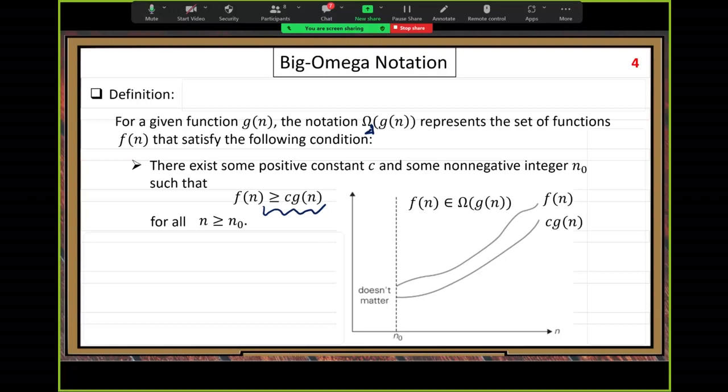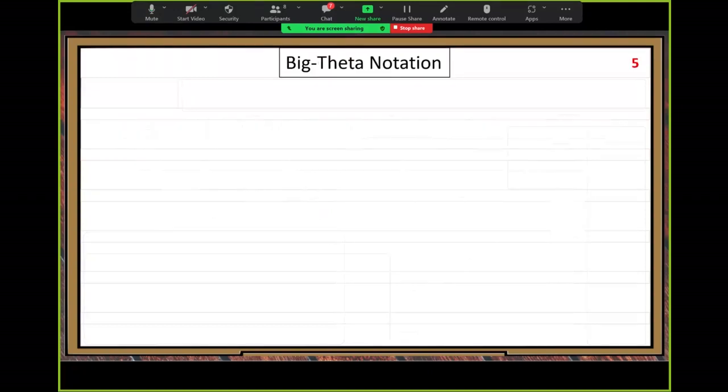Although here we have this asymptotic notation, for the remainder of the class we rarely use this lower bound version. But we use the big theta notation, both lower bound and upper bound.